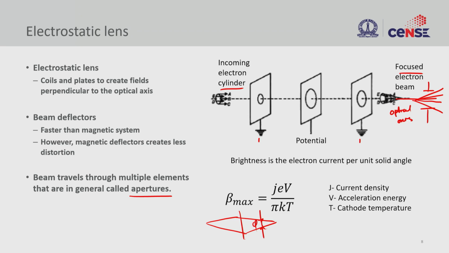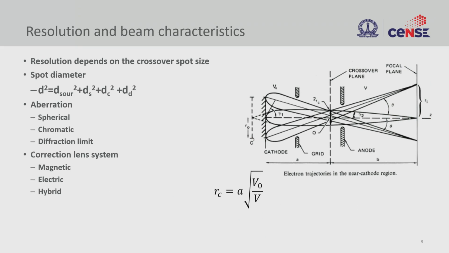Similarly, you will have some blankers here to control the beam size and so on. Based on that, you will know the actual solid angle that you get, and that current also depends on the cathode temperature, your current density, and your accelerating energy as well. So this is how one could control how much current you get onto the substrate.